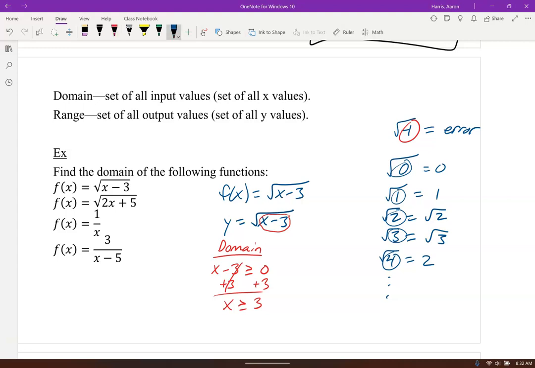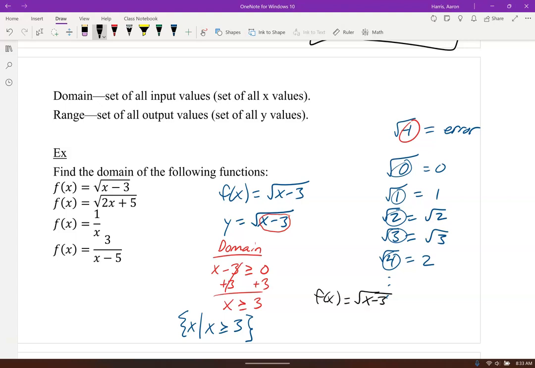You can say it like this: x such that x is greater than or equal to 3. And that's one way to write your domain. If you think about what x values can be, this is saying x can be 3 or bigger.